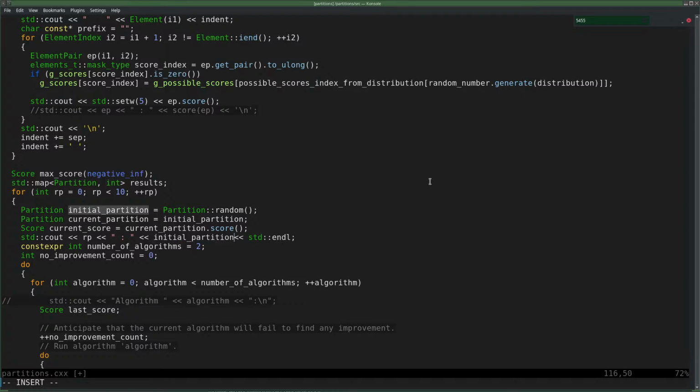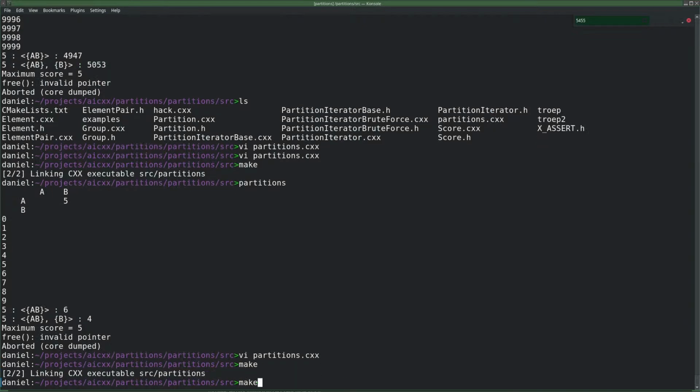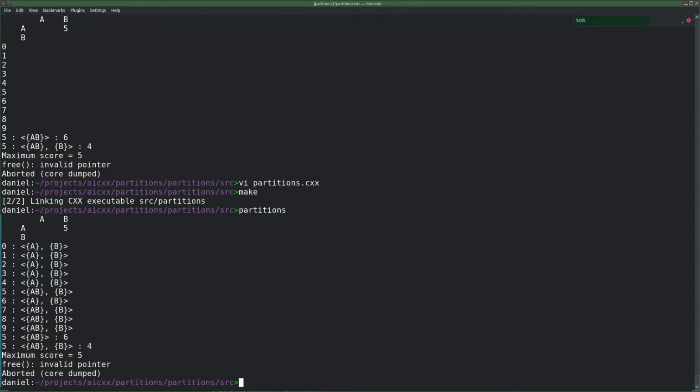Initial partition. Yep, that's broken. Well, that's not good. I thought it worked. I was convinced it worked. Actually, I just know it worked. And now suddenly it doesn't work anymore.